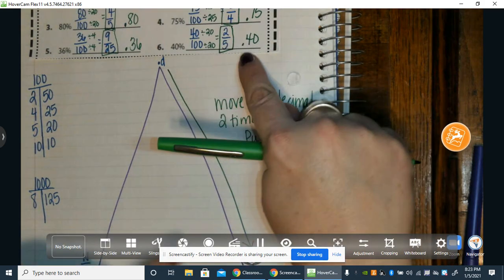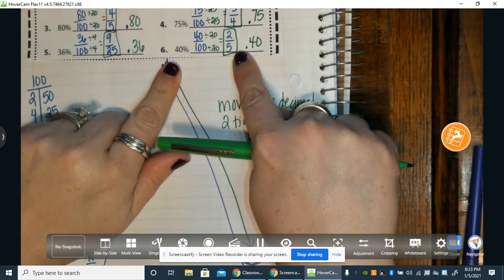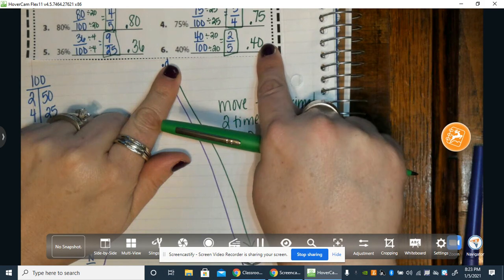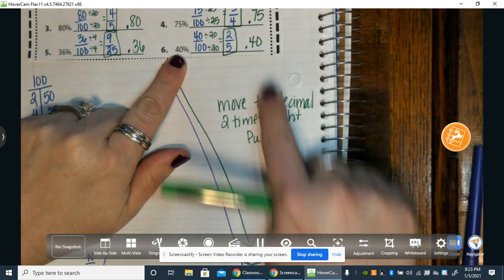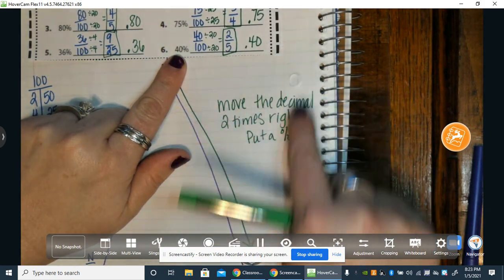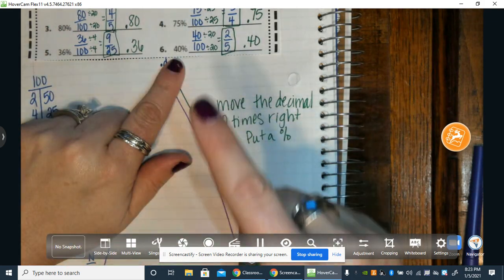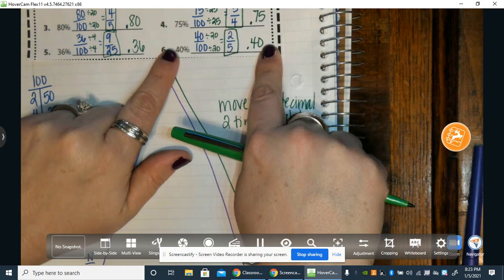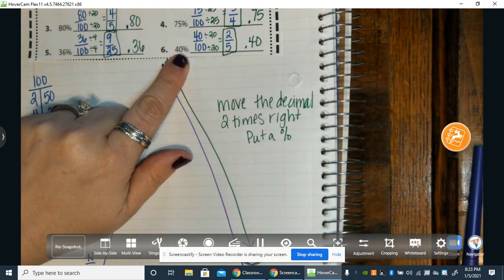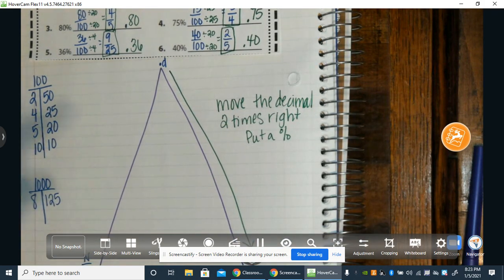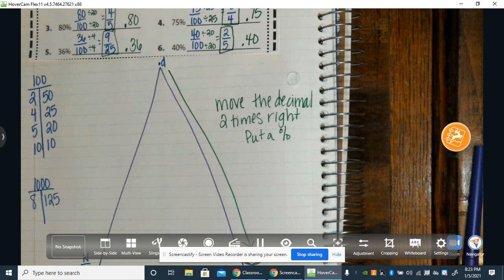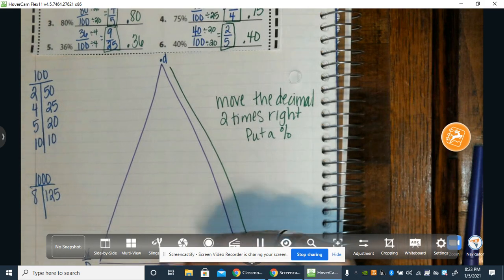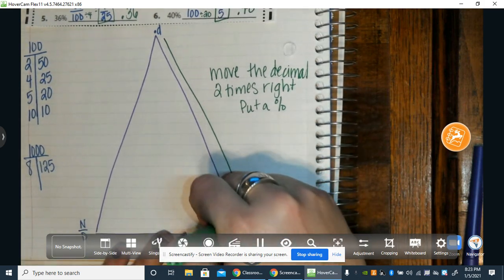So if you look from a decimal to this percent, we're just moving this decimal 2 times to the right, and you get 40%. So 1, 2, because percents are of 100. 2 place values. There we go. Okay, now if we move the decimal 2 times to the right to go from decimal to percent, we're going to go the opposite way, from a percent to decimal.